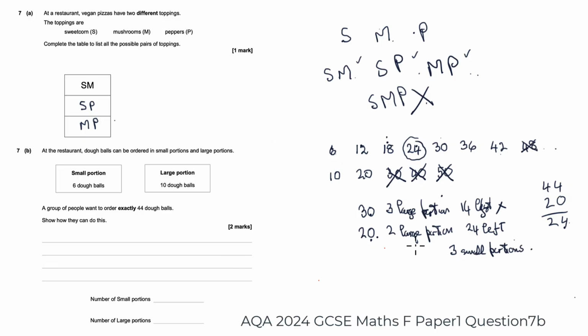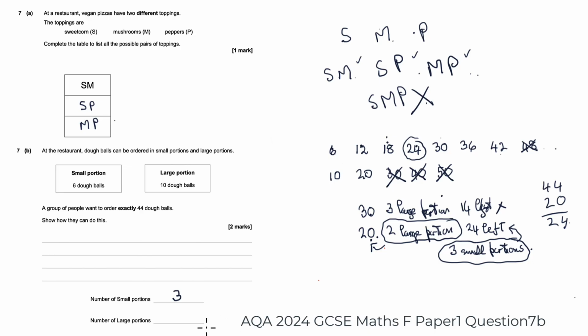So what is that telling us? It tells us that if we want 44 dough balls, we'll need 2 large portions. That gives us the 20. And 3 small portions. That gives us the 24. 20 plus 24 is 44. So number of small portions 3.